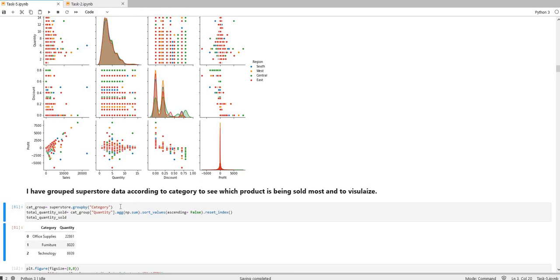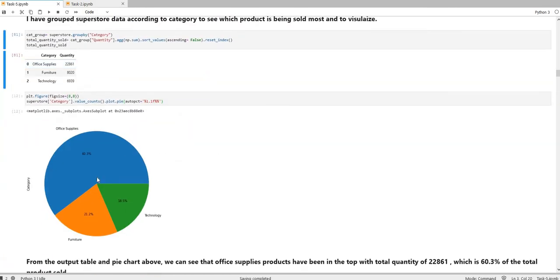Now I have grouped the data according to category to see which category has the most quantity, and we can see that at first there is office supplies, which is huge, about 60.3%. Then there is 21.2%, which is furniture.